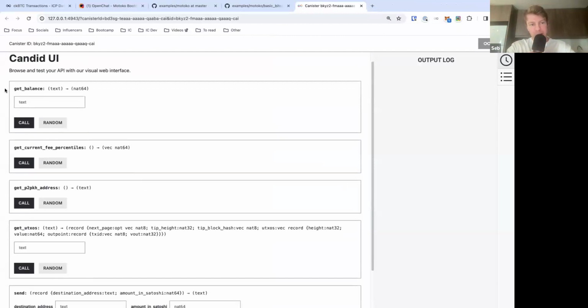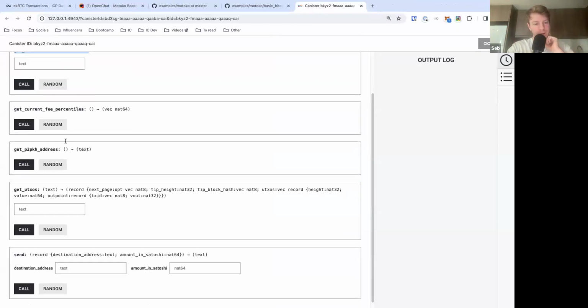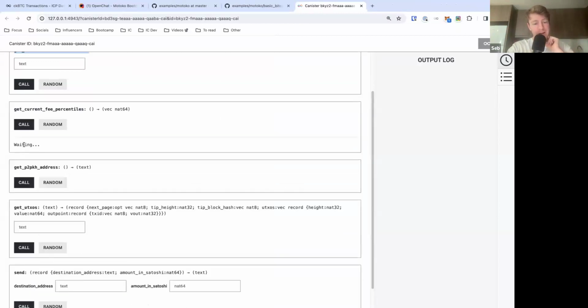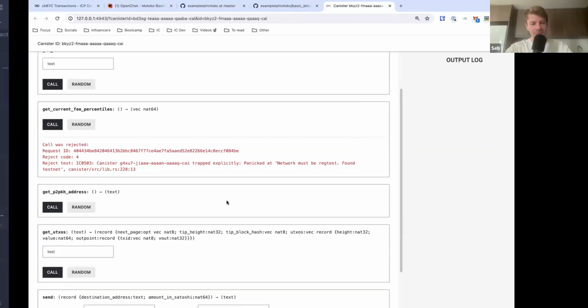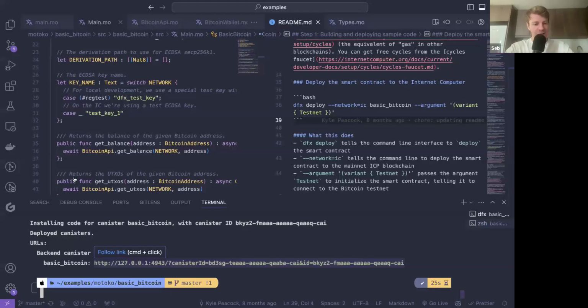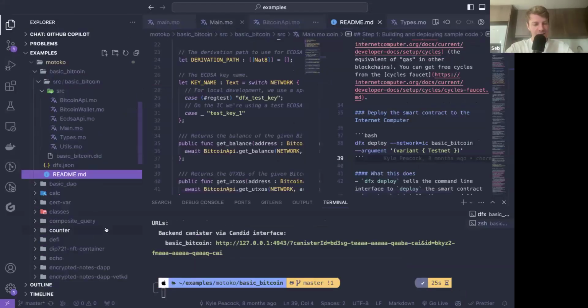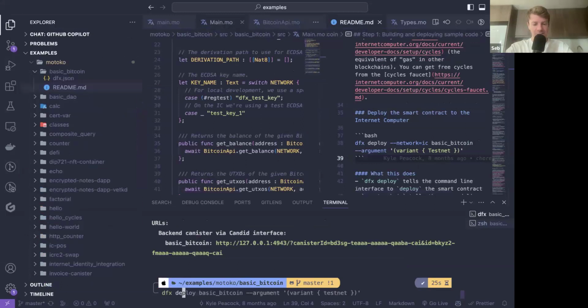We are able to get the balance of an address. We are able to get the current fees on the testnet. So yeah, okay, it doesn't work. The problem is my canister is deployed on the local network and I'm trying to call outside of it. I guess I don't really have a choice here.